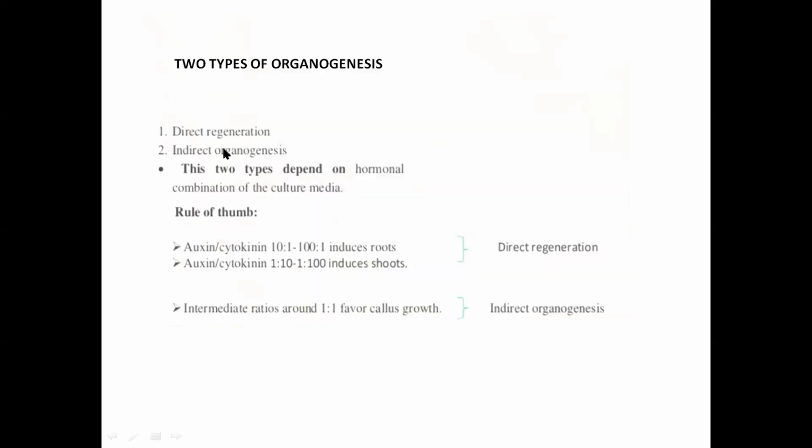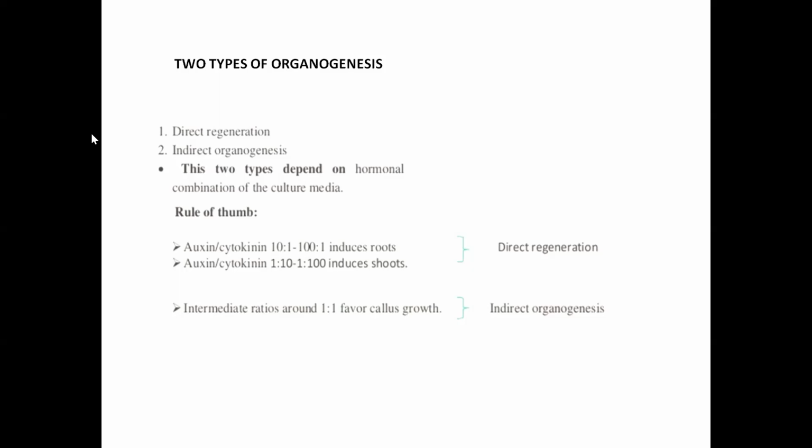There are two types of organogenesis: direct regeneration and indirect organogenesis. Direct organogenesis is an explant getting converted into an organ. So the explant gets converted to a meristemoid, and the meristemoid gets converted into shoot or root. Indirect is the explant getting converted into callus, and the callus getting converted into root primordia or shoot primordia.